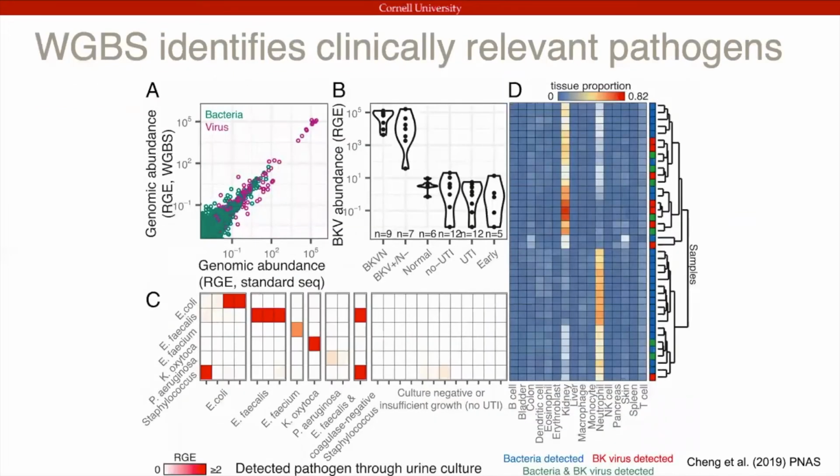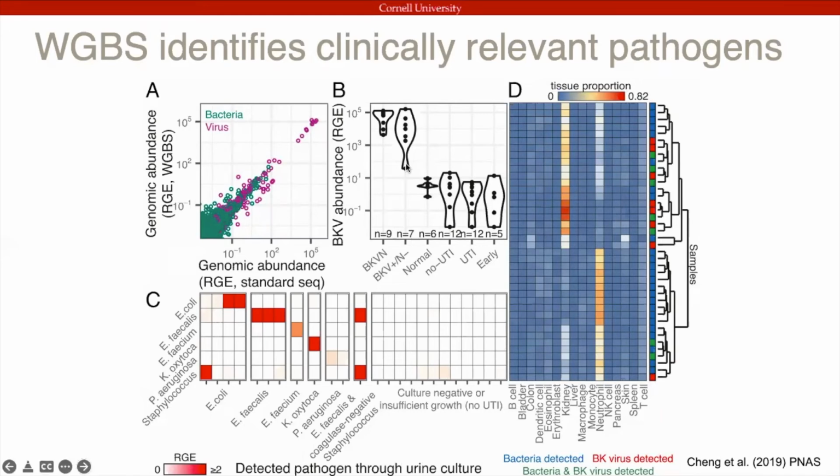And of course, using whole genome bisulfite sequencing, we're still able to identify clinically relevant pathogens. In this first panel, we're just showing that the abundance of bacterial and viral genomes using whole genome bisulfite sequencing on the y-axis is the same as using standard sequencing. So we're not decreasing our sensitivity.